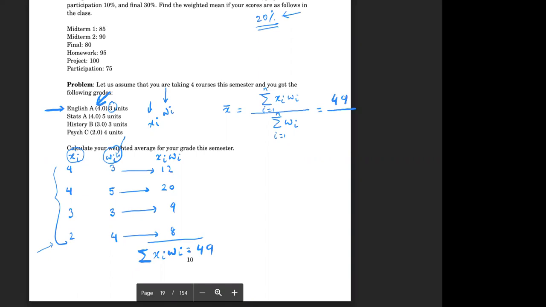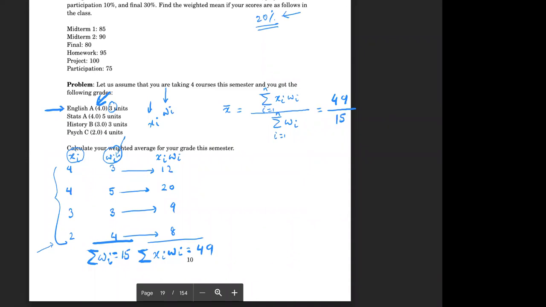Now you have to find the sum of the weights as well. So summation Wi, okay? That's going to be 3 plus 5 plus 3 is 11, plus 4 is 15. So your sum of the weights is 15.